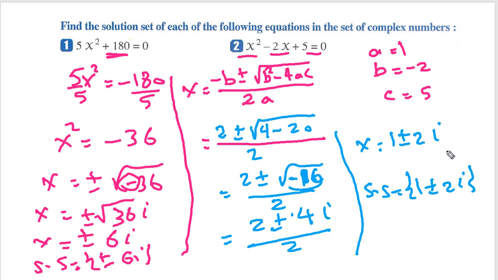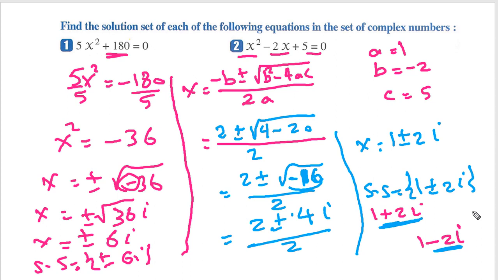But if you look for the solutions of this equation, you will find one of them is 1 plus 2i and the other is 1 minus 2i. What is the difference between them? If you look at them, the imaginary part here is positive, but here it is negative.